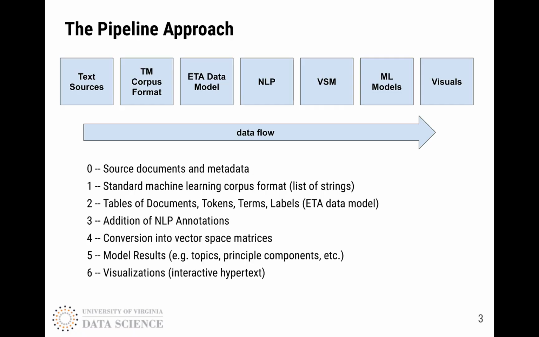From there, we move on to creating various kinds of vector space models. Again, something we're going to talk about later, that sets the table, as it were, for us to do all kinds of interesting analytical stuff. And there we apply and generate machine learning models using various tools, both unsupervised and supervised. As I've mentioned before, the emphasis is on unsupervised stuff, but we're also going to look at a couple supervised things as well.